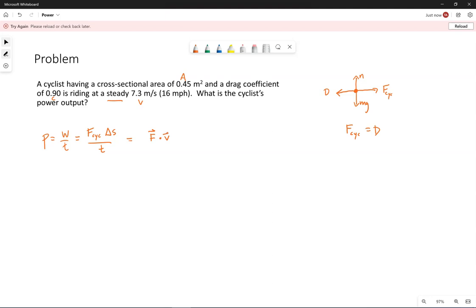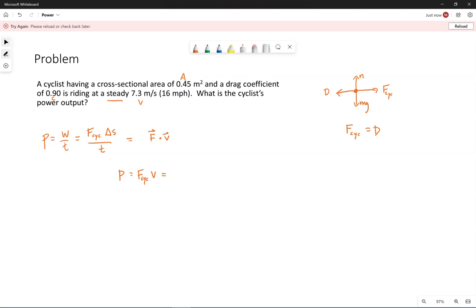So force dotted with velocity, these are in the same direction, so I can simply multiply the force that the cyclist specifically is applying times the speed at which the cyclist is traveling.